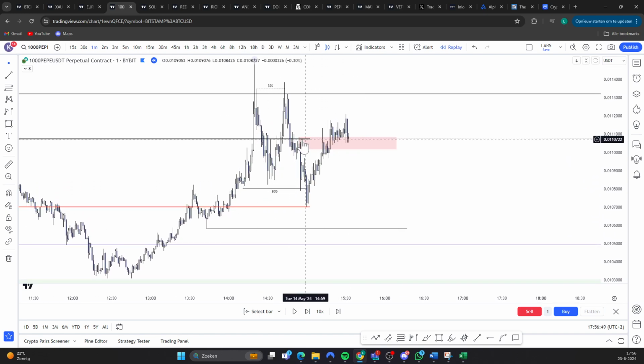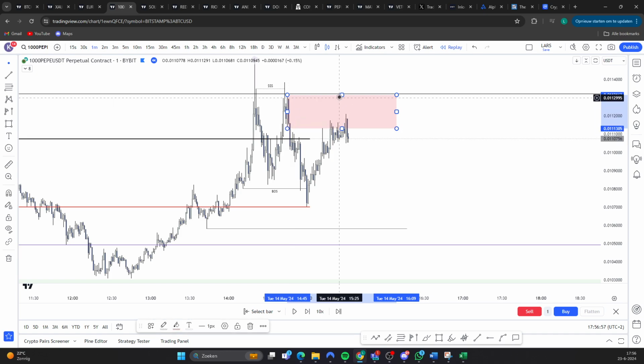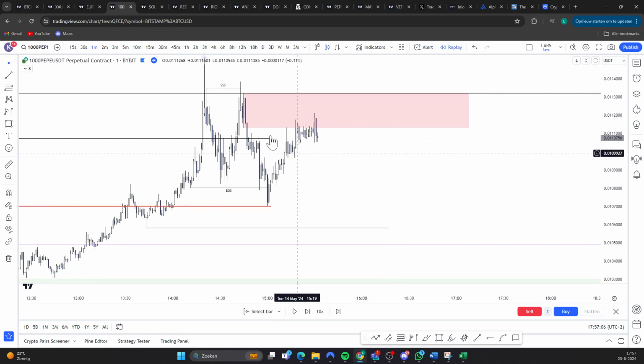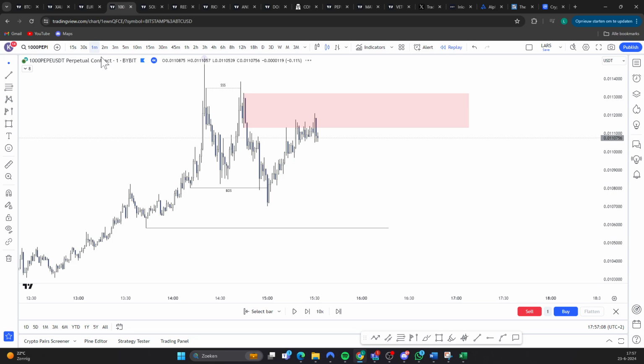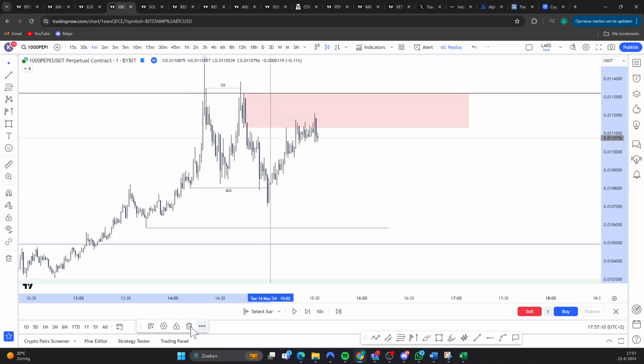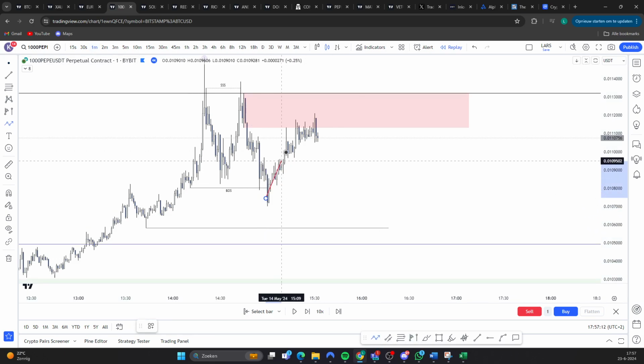Again, bouncing from the POC, deviating the volume area high. Not really rejecting from what I expected us to reject. This is also your last real resistance before taking the highs. But there's just no structure. There's no structure here. It's just one move up.